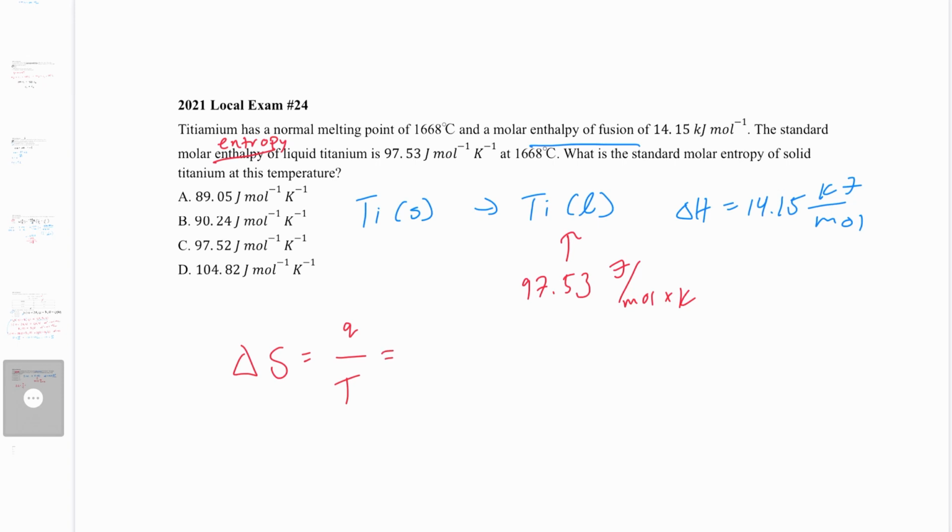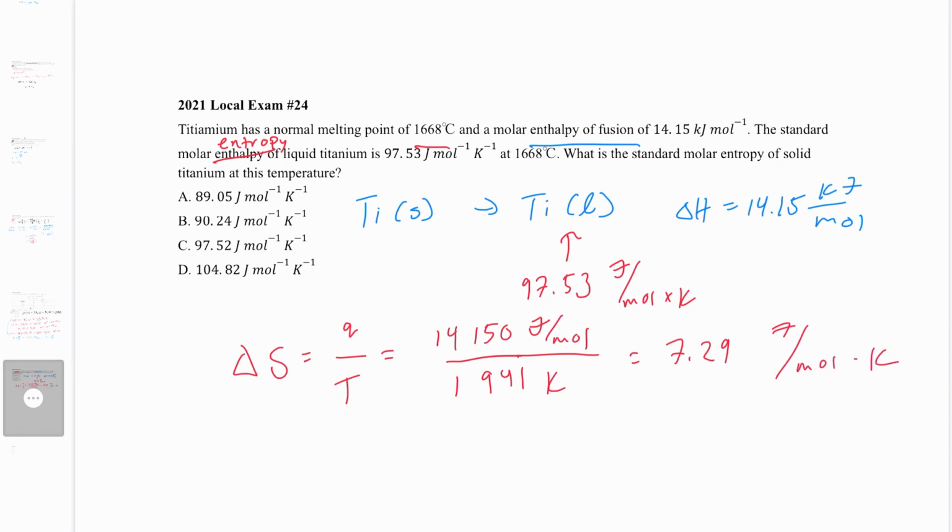Well, the heat is our enthalpy of fusion, 14,150 joules per mole, and our temperature is just 1668 degrees Celsius, which is 1941 Kelvin. So what that means is that our delta S is equal to 7.29 joules per mole times Kelvin.